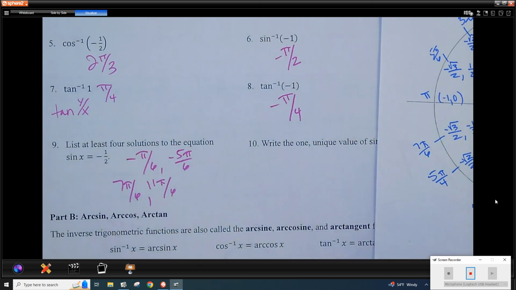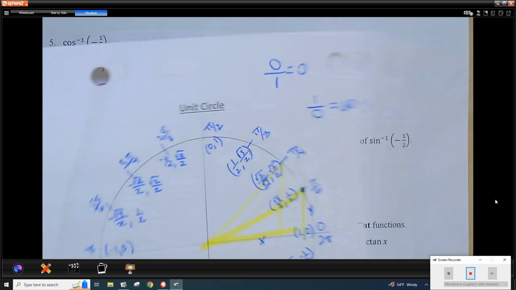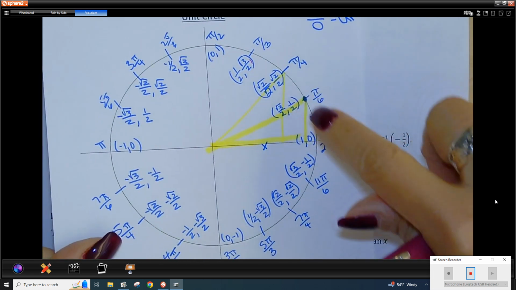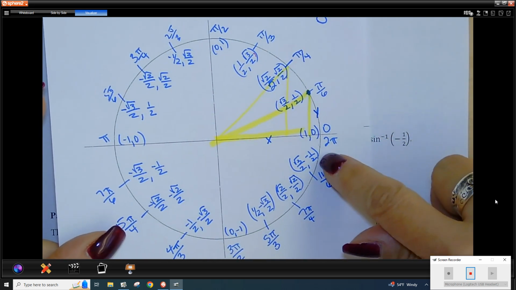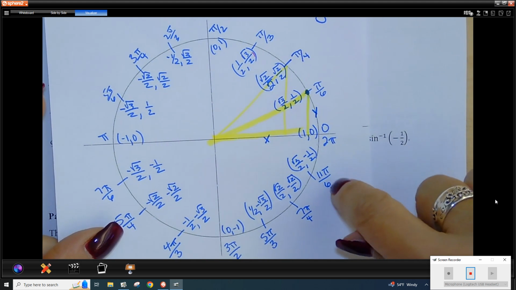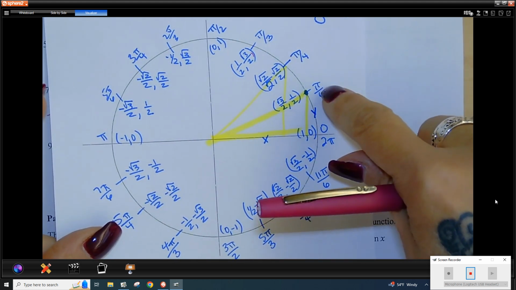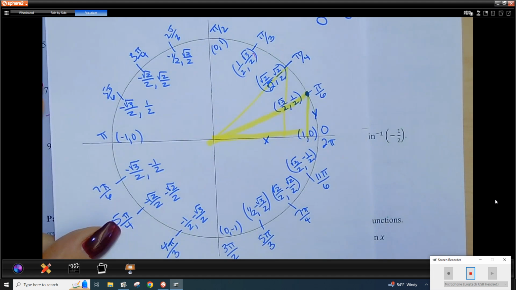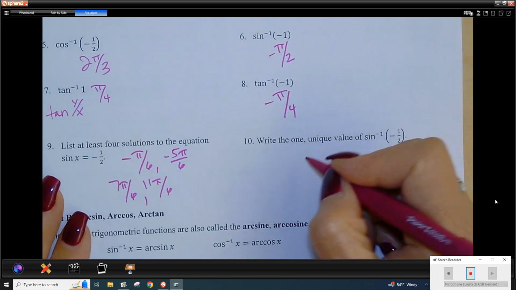Those are 4. But the one that's unique for sine, negative 1/2 y, is this one. We don't say 11 pi over 6 because it needs to be less than pi over 2, and so it's negative pi over 6.